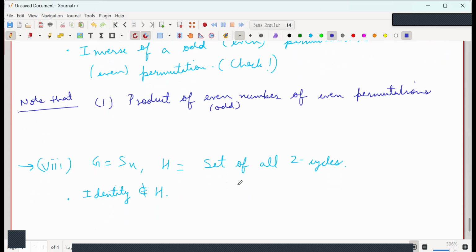So an even number of even permutations is an even permutation, and if you take a product of an odd number of even permutations, it will be an odd permutation, right? So this notation you understand, right? For even you have even, and for odd you have odd.